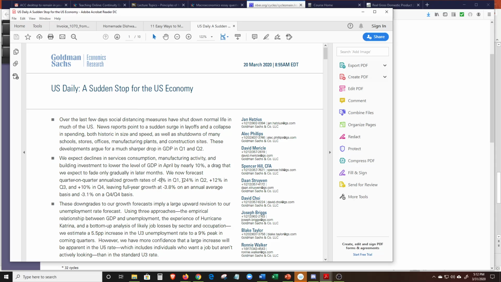In the next quarter, and this is just amazing, and these are on an annual basis, they think the economy is going to shrink at a 24% rate. In other words, it's just unimaginable. I don't think even during the start of the Civil War or the Great Depression it shrank that much.